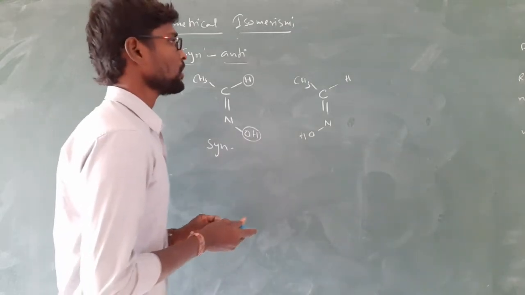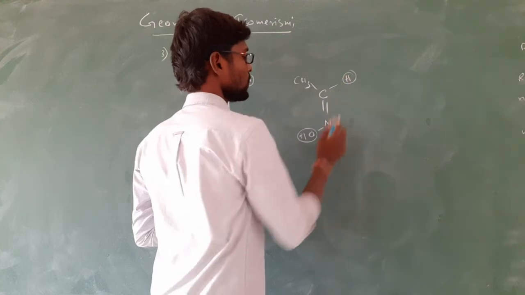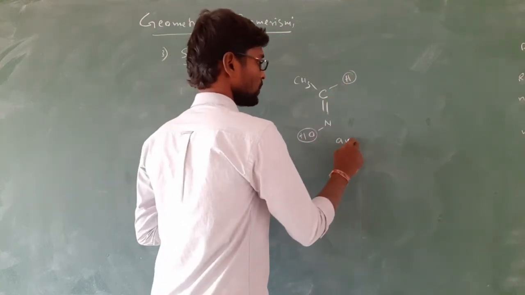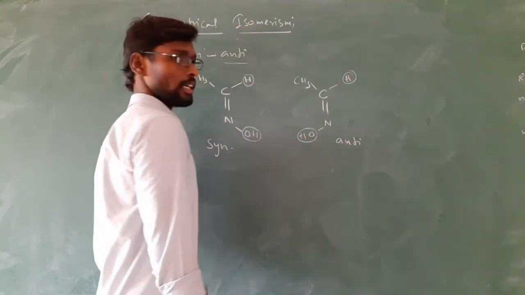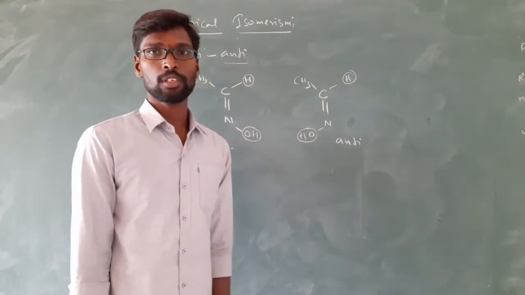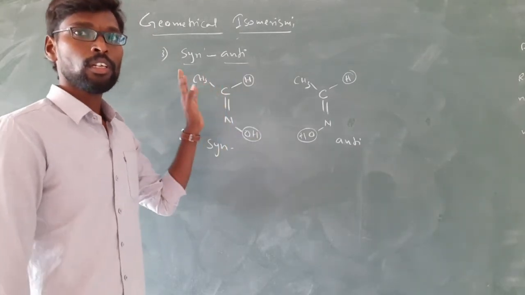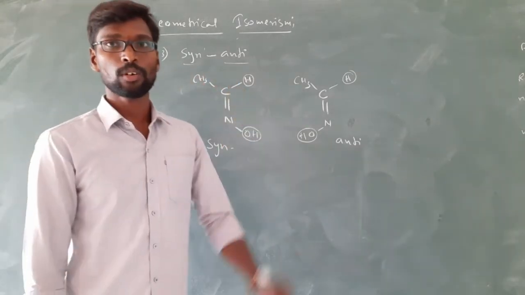Now the same thing, if OH and H are on opposite sides, this is given as the anti isomer. So this is the syn isomer, this is the anti isomer. This arises in oximes only, that means aldoximes and ketoximes.